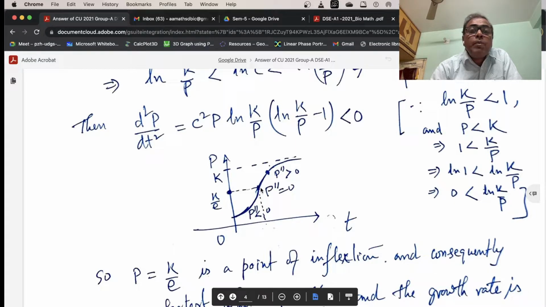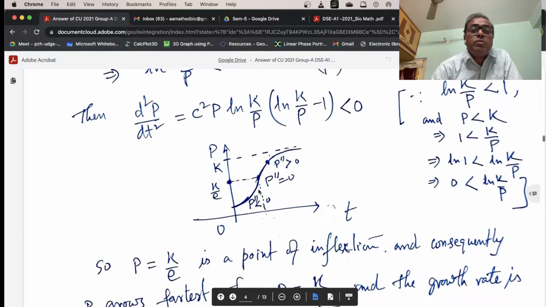Between 0 to k by e, the second derivative of p is positive, and when p lies between k by e to k, then p double dash is negative. So here k by e is a point of inflection.